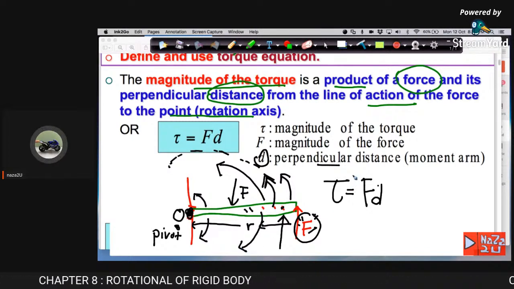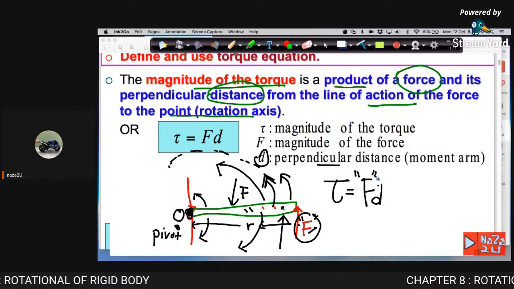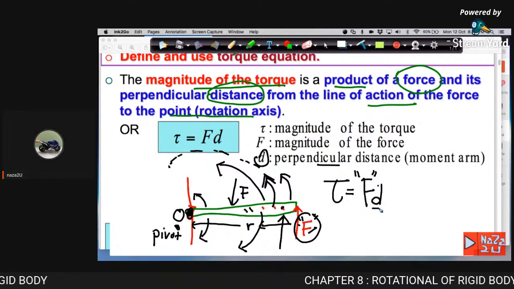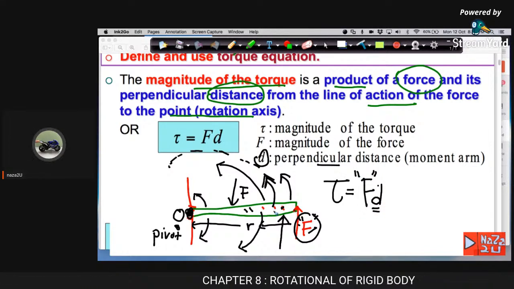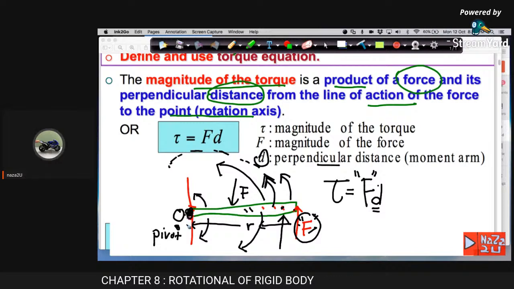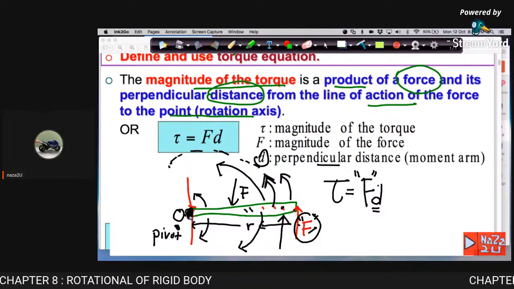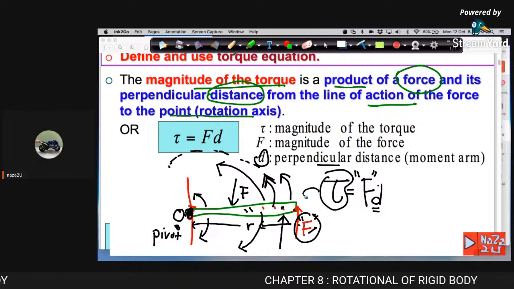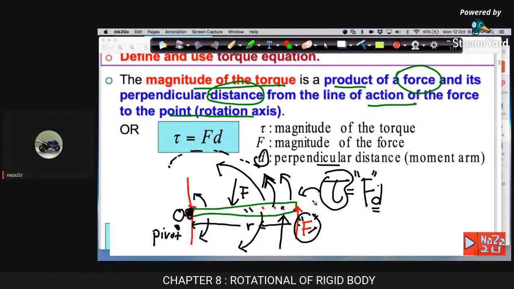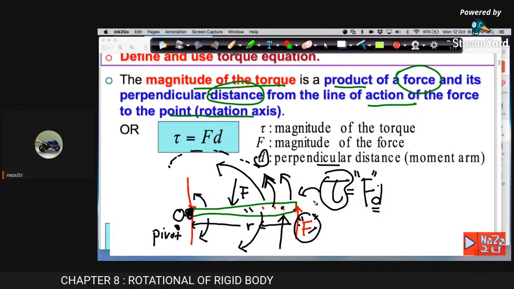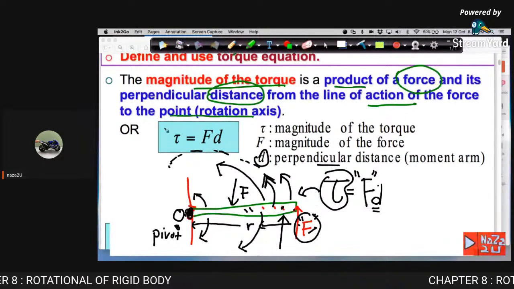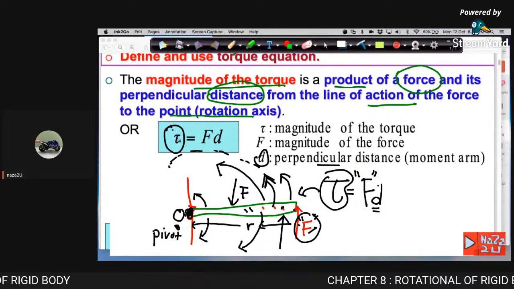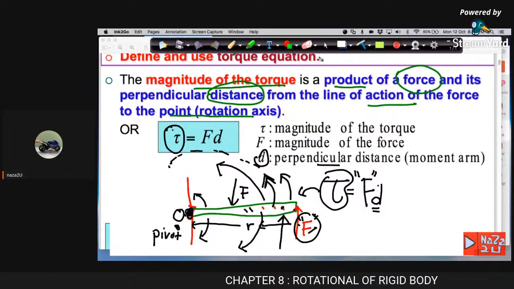So if you have the force F and the distance D between the force and the moment arm or pivot point, meaning you have a torque on the system. Right? So this is a torque.